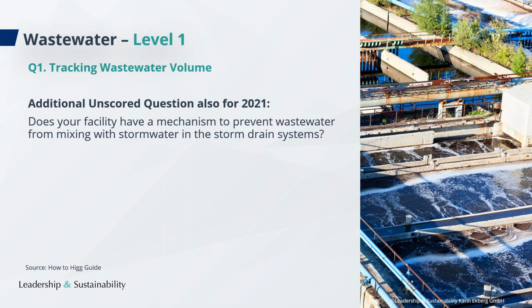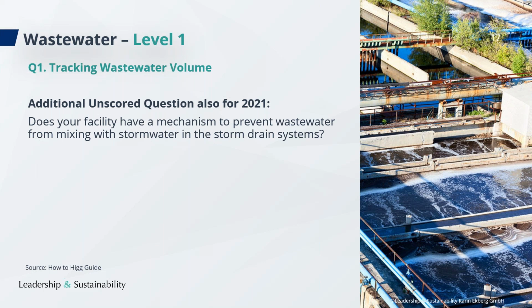But very often you have separate systems as well. So the stormwater may be fed directly into the canalization and is not treated as a wastewater. And the reason is that usually the stormwater is just rainwater and doesn't have a lot of contamination at all. So usually it doesn't need to be treated.